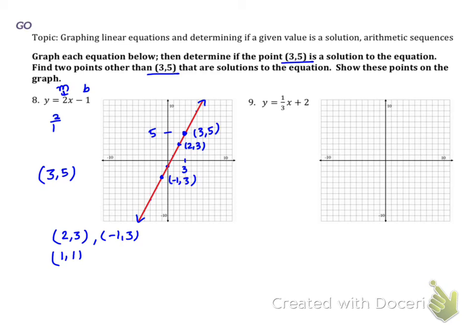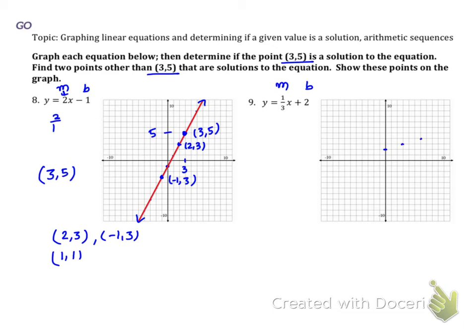And when you have to graph question number 9, here m is given as 1 over 3, and this is b. You start with the y-intercept, that's b at 2. That's the starting point. 1/3 means you go up by 1, run by 3. Here, up by 1, run by 3.